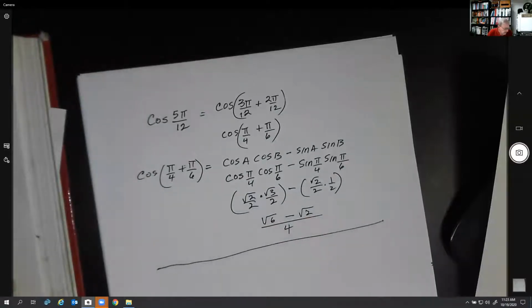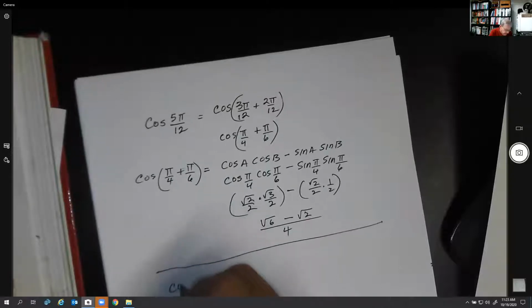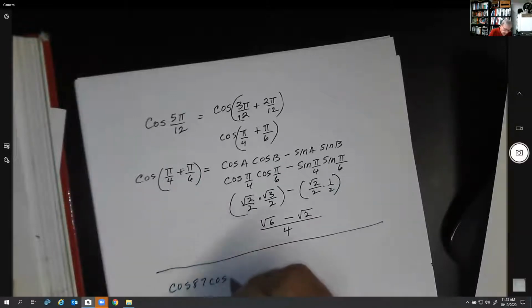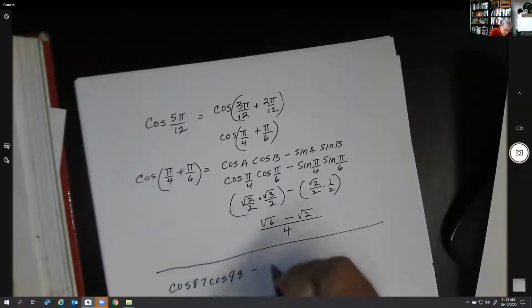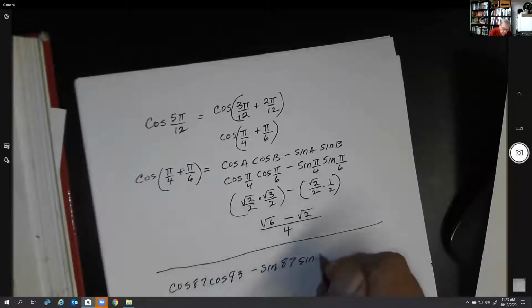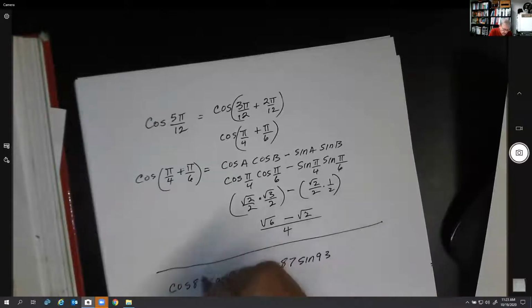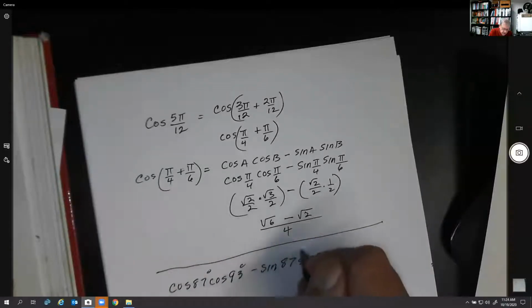Okay, and then here's a third problem where they actually gave us the expanded form. So here they had the problem expanded out. This is in degrees.